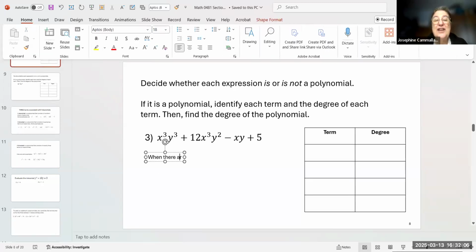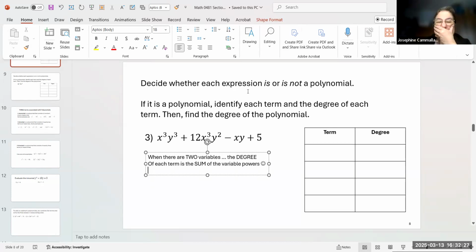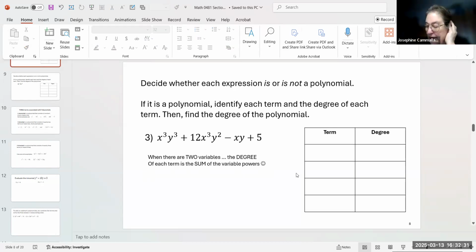When there are 2 variables, the degree of each term is the sum of the variable powers. Okay.